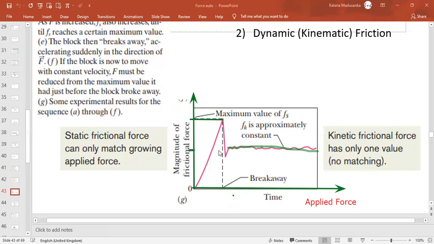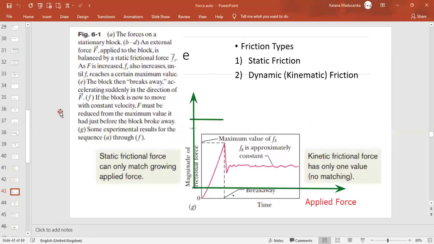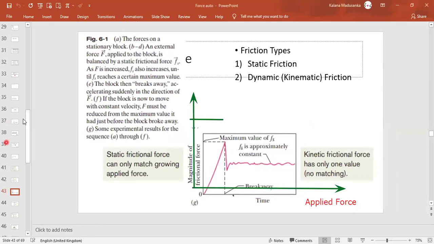Now the friction value is constant, whatever the applied force we are applying, it is in this constant condition, right? And now on the left hand side, this is the kinematic side of this chart. Let's move back to a more clear chart.